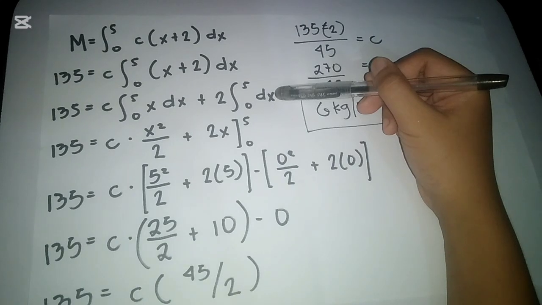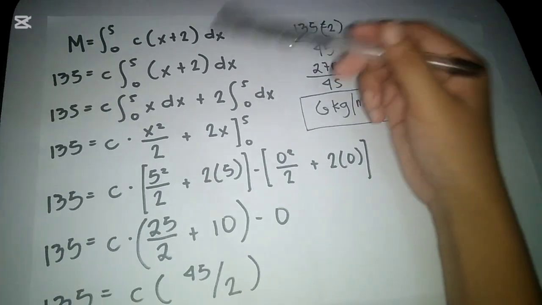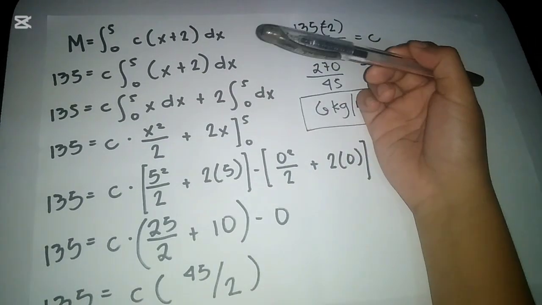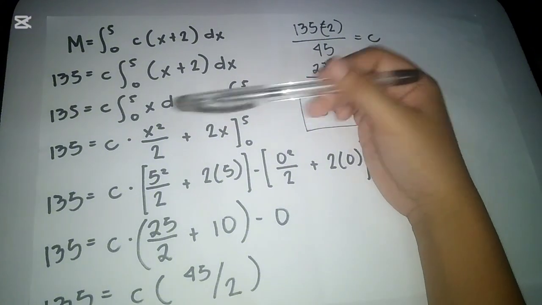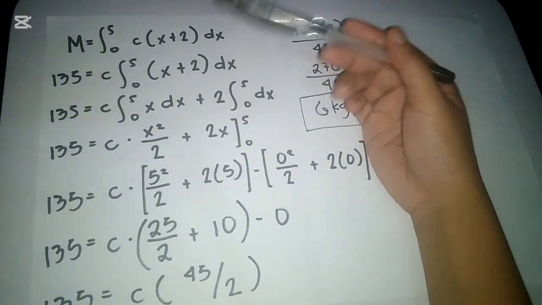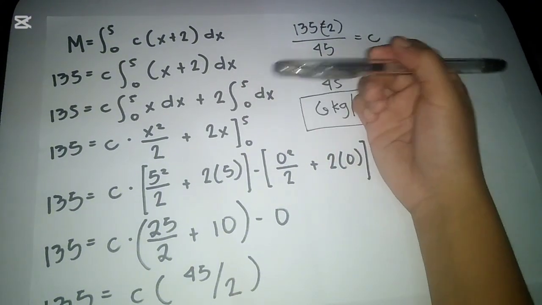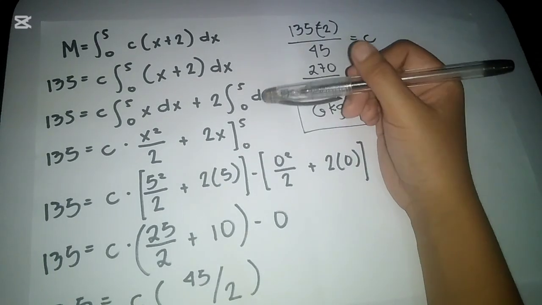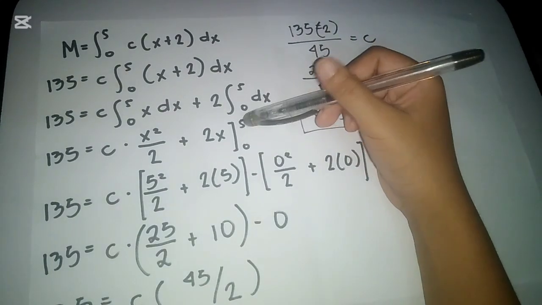In integrating a term that has an exponent, the rule is to add 1 to the exponent, and it also becomes our denominator. So c is multiplied by x squared over 2 plus 2x, evaluated from 0 to 5.